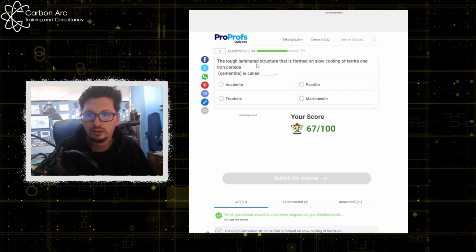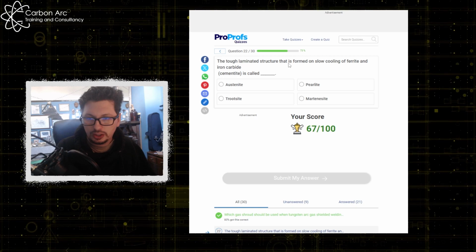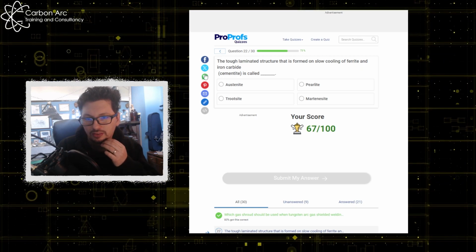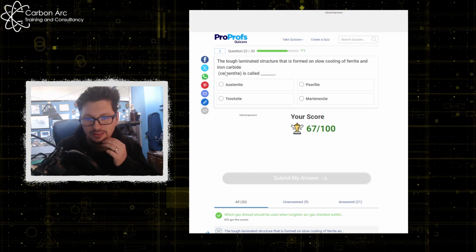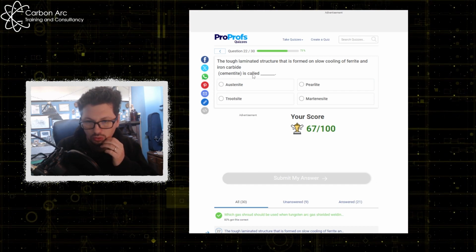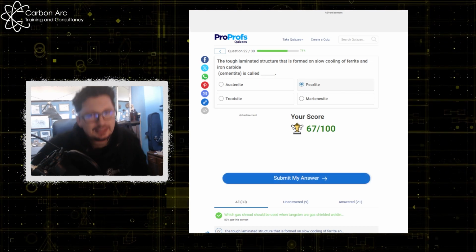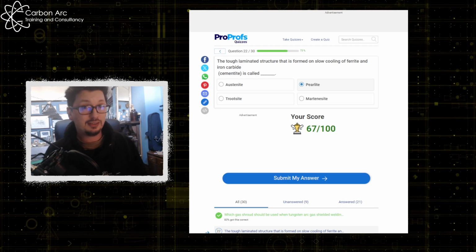A tough laminated structure that is formed on slow cooling of ferrite and iron carbide is called pearlite. That's a fairly detailed question for a CSWIP examination.